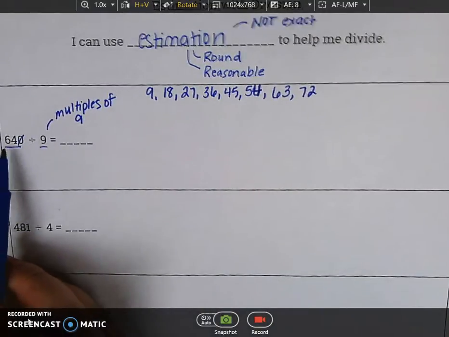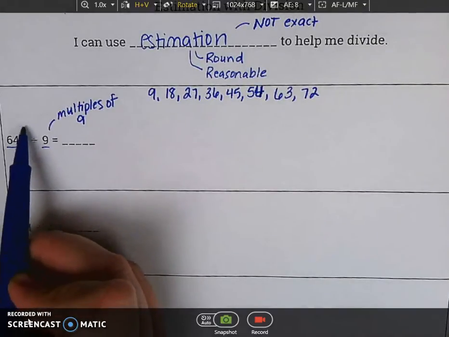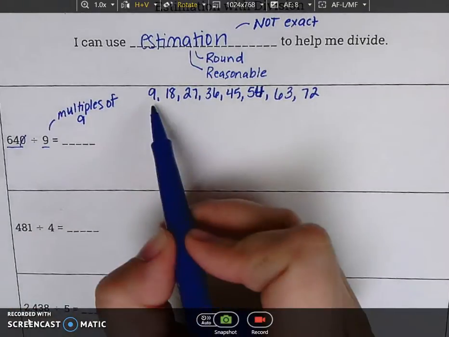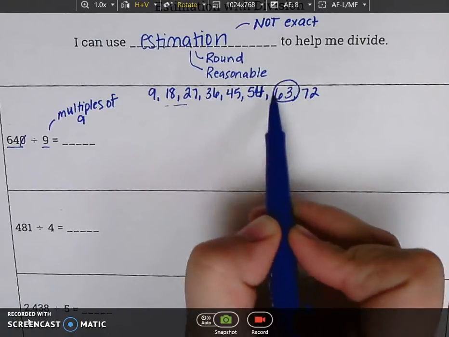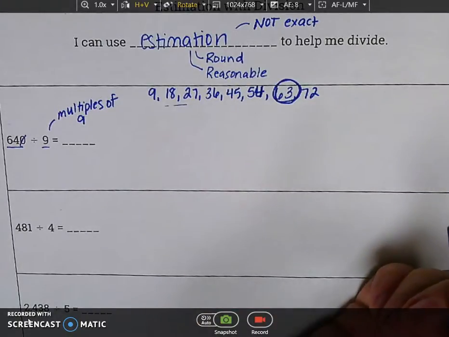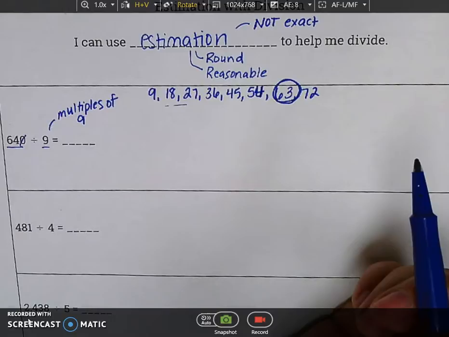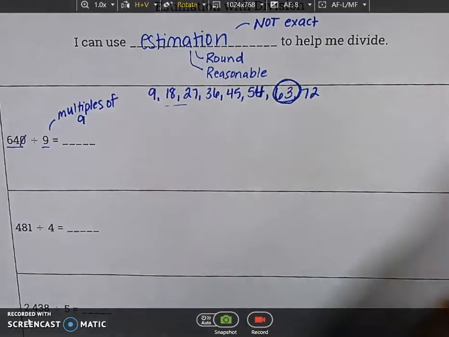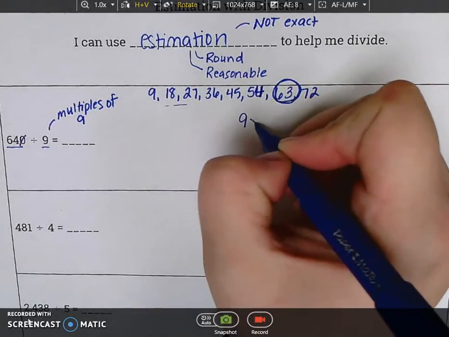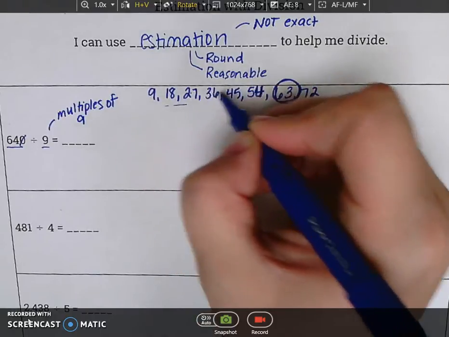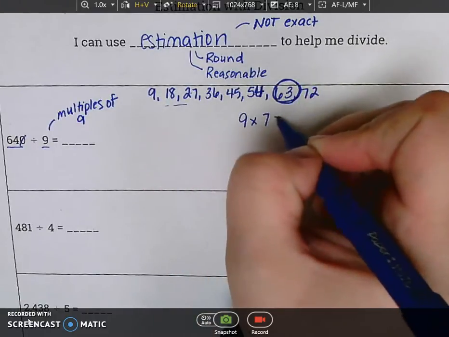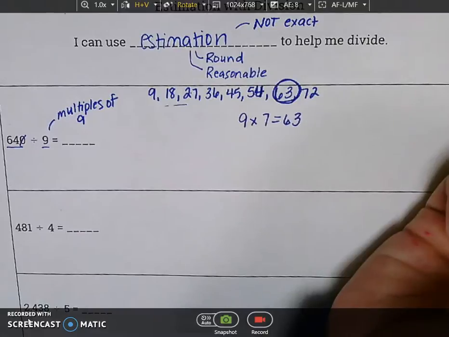So then I'm figuring out, okay, what gets me close to 64? If I look at these, the closest thing to 64 would be 63. So I would figure out that this is 9 times 1, 2, 3, 4, 5, 6, 7, which equals 63.